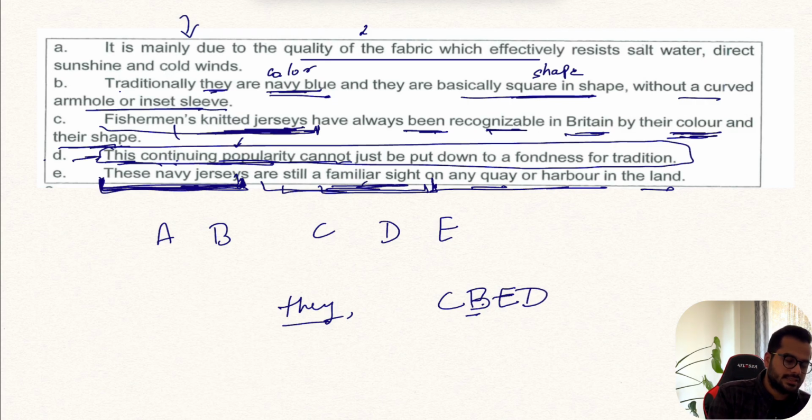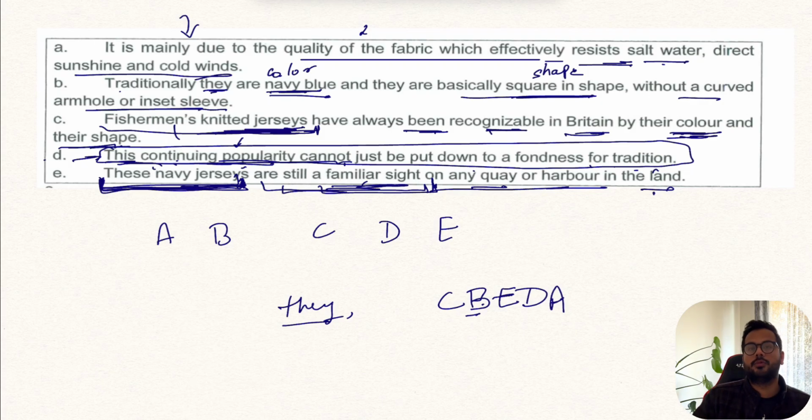So these navy jerseys are still a familiar sight on any quay or harbor in the land. This continuing popularity. So they mentioned something in the sentence, and then the new sentence is being started with the very same thing. This continuing popularity cannot just be put down to a fondness for tradition. And the only one remaining is A. It is mainly due to the quality of the fabric, which effectively resists salt water, direct sunshine, and cold winds.